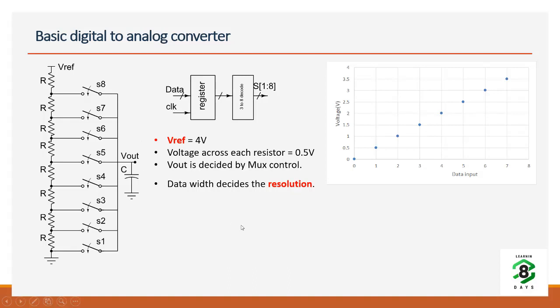But in general, the input data width is usually equal to the resolution. Okay, and the data rate, the clock rate over here, is the sampling rate. So now you know how to build a data converter. You know how to set the accuracy by selecting proper resolution, and you know how to control the sample rate.